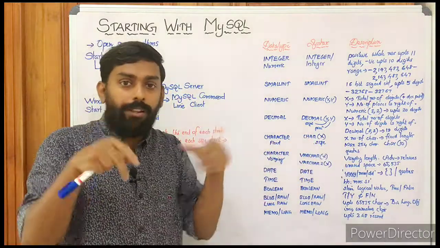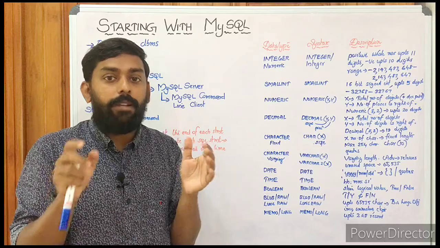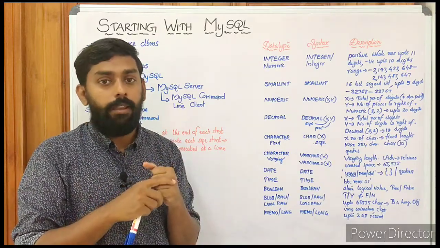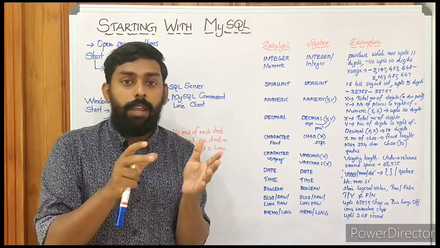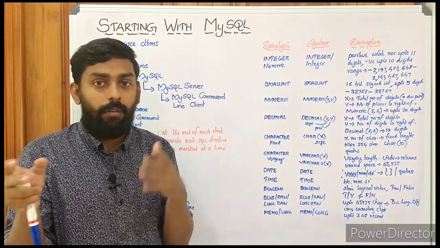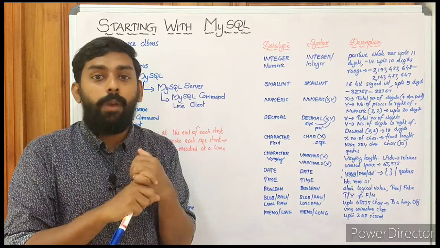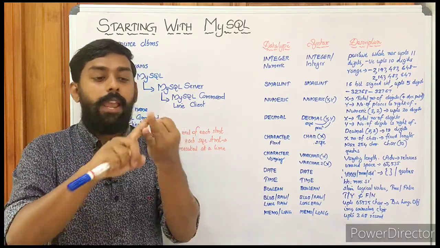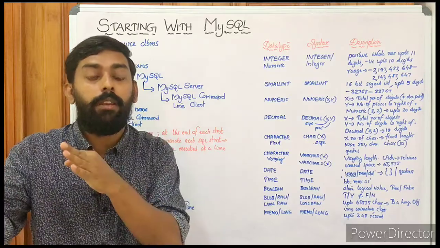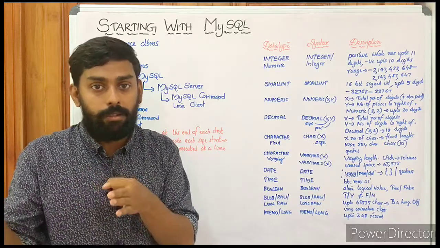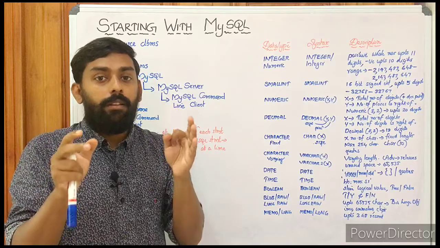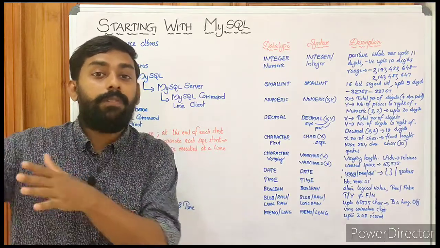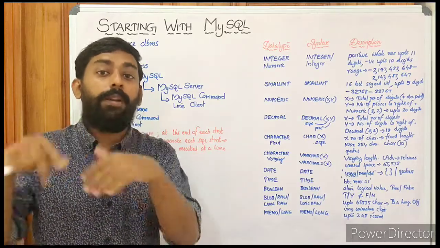The specialty of char is, for example, char name of 10. We have declared a variable name of size 10 of character type. Then we are storing anu, A-N-U. It actually takes how many bytes? A-N-U, 3 bytes. But we have 10 spaces, and the remaining 7 spaces will not be left empty or freed up.